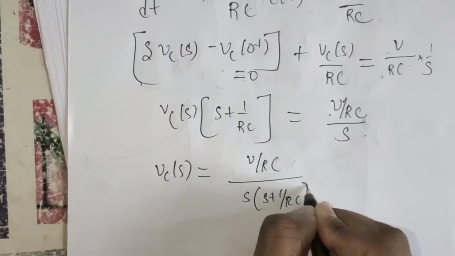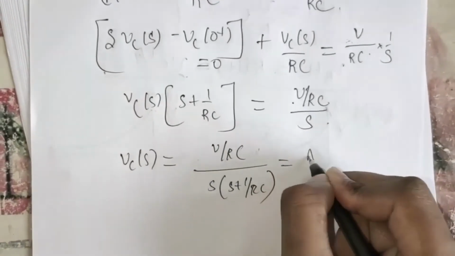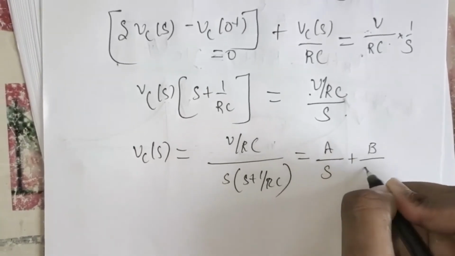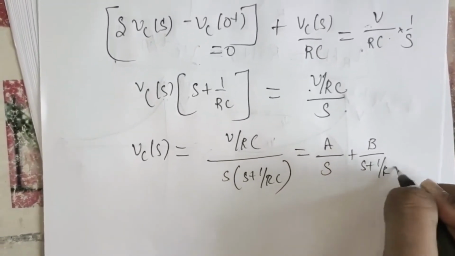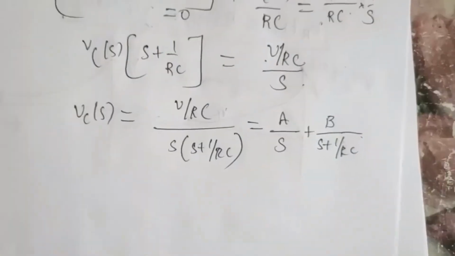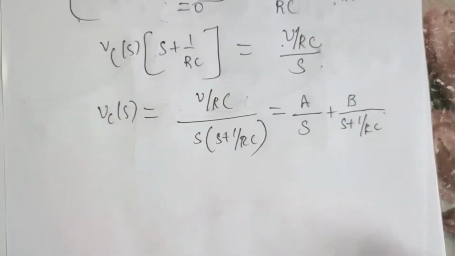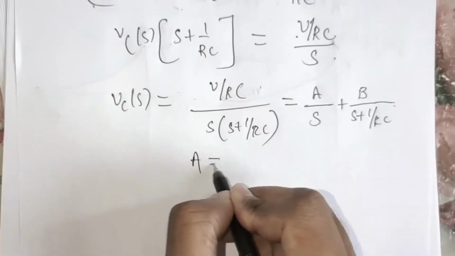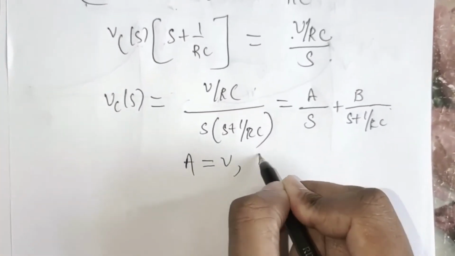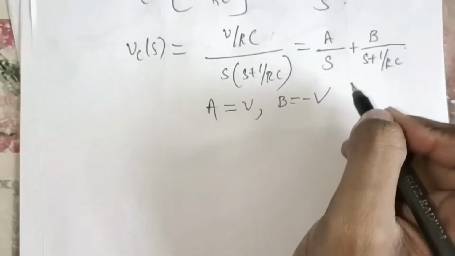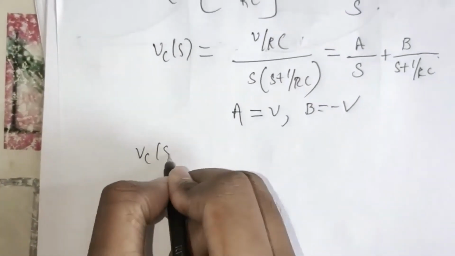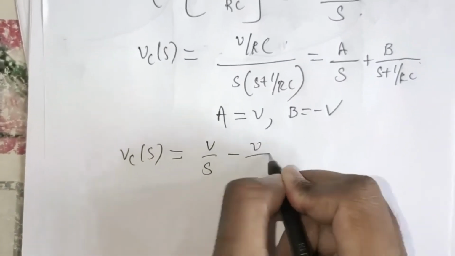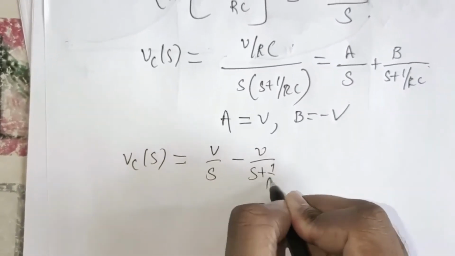By applying partial fractions, I'll get A by S plus B by S plus 1 by RC. On finding the values of A and B, I'll get A to be V and B to be minus V. Therefore Vc of S is equal to V by S minus V by S plus 1 by RC.